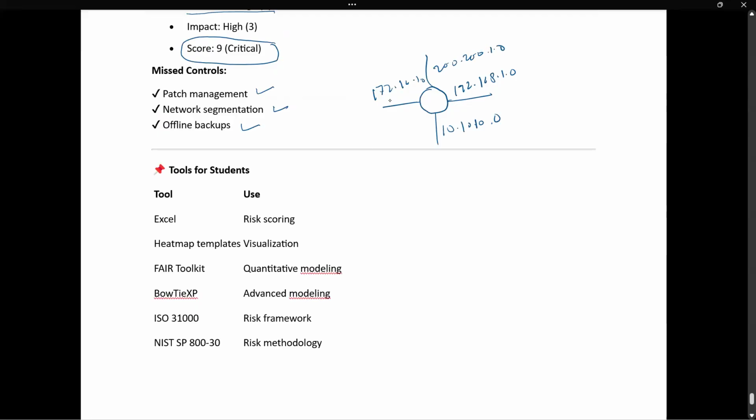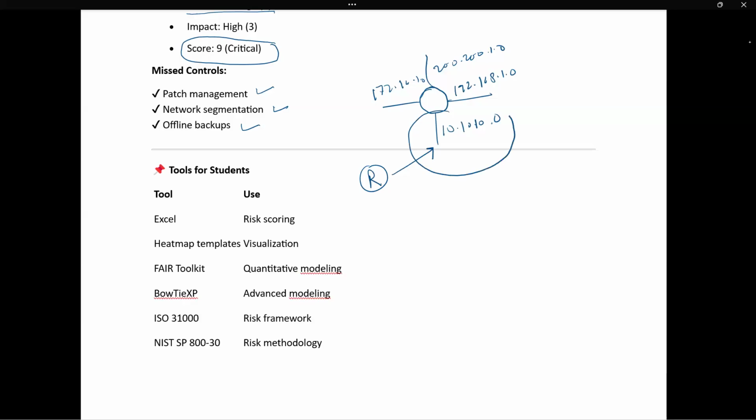IP addresses could be anything depending on your network architecture. And if an attacker gets access to this particular network with ransomware, he will try to encrypt everything under this network. So if you do not have segmentation, you will lose all your network.